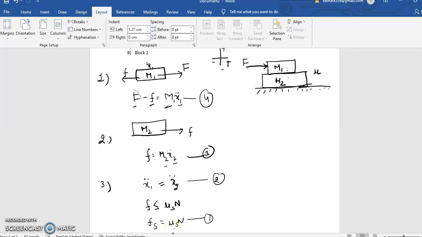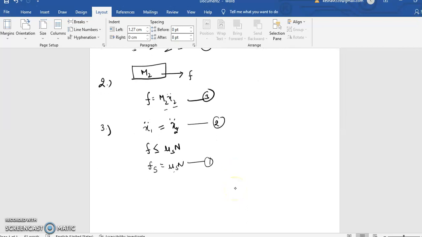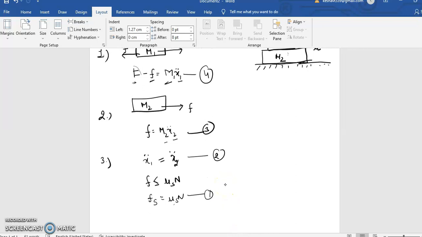So I have to eliminate all the other variables. Firstly, I will put the value of small f in the equations. So capital F minus mu s N equals m1 x1 double dot, and mu s N equals m2 x2 double dot.